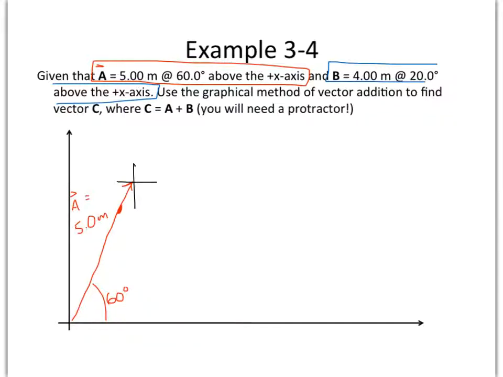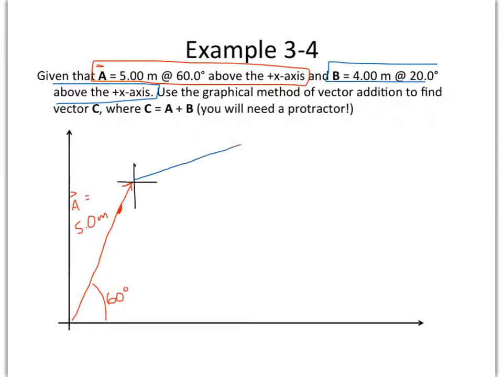It's going to be 4 meters long, or 4 units, whatever you want your unit to be, at 20 degrees above the positive x-axis. It's in the same general direction, but now it's a shallow angle above the axis. Remember that we're starting right here, so this is going to be our new x-axis that B is originating from.